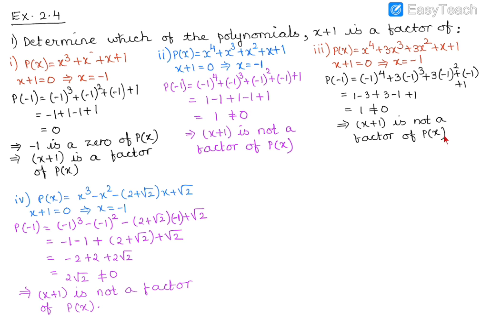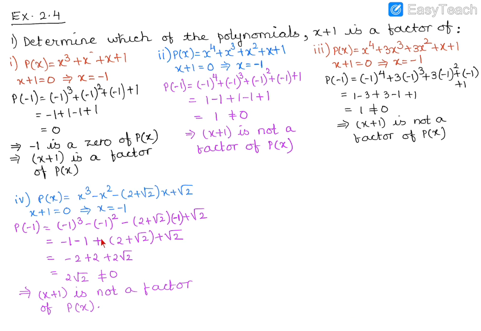a factor of px. In the fourth one, if I replace x by -1, I have done that over here. So when I open it, -1 to the odd power is -1, -1 to the even power is 1, but there was a minus outside, so this becomes a -1. And here, minus and minus will become plus.